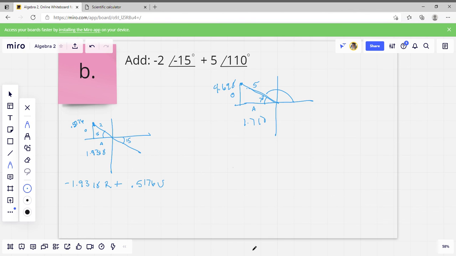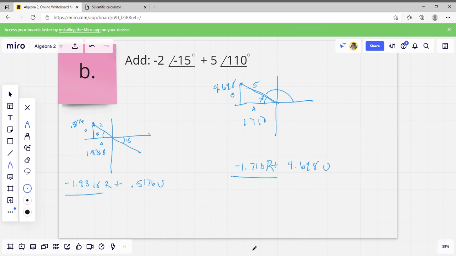Okay, so we went negative 1.710, that's to the right, plus 4.698 up. Now we just got to put these together, so we're going to add our like terms.